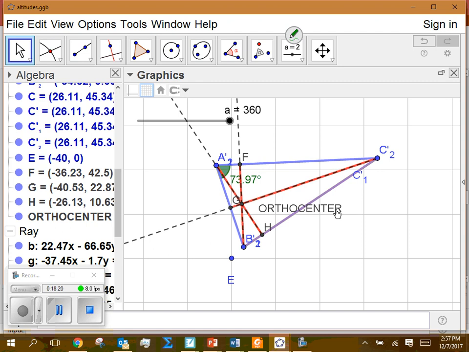The reason I give you that is because those are associations you could use when you get to a test and you forget everything. You think, okay, he's talking about orthocenters, and I don't know, does that get made by angle bisectors, perpendicular bisectors, altitudes, or medians?